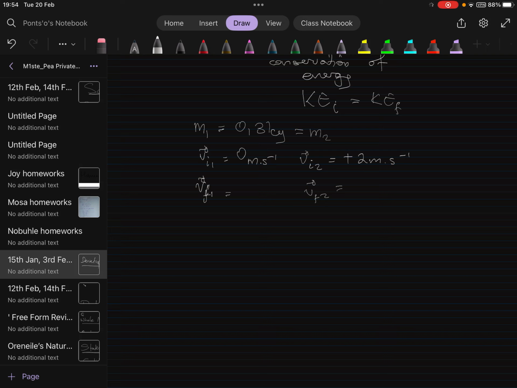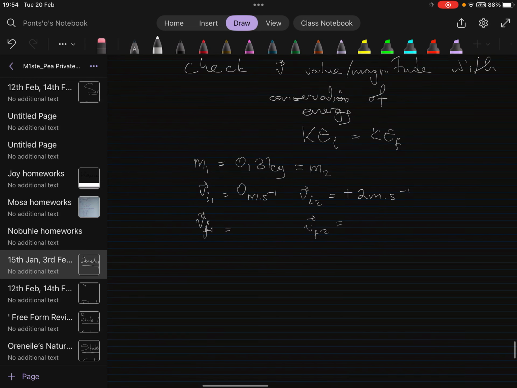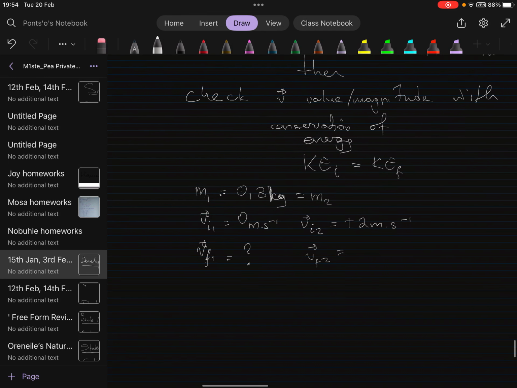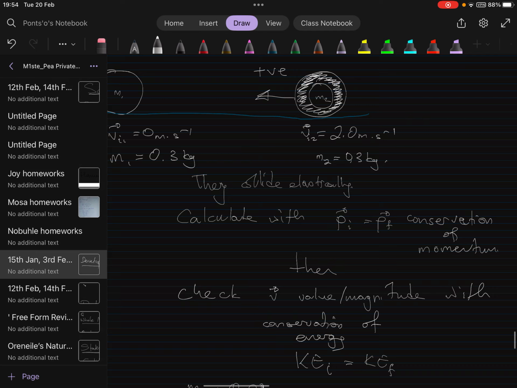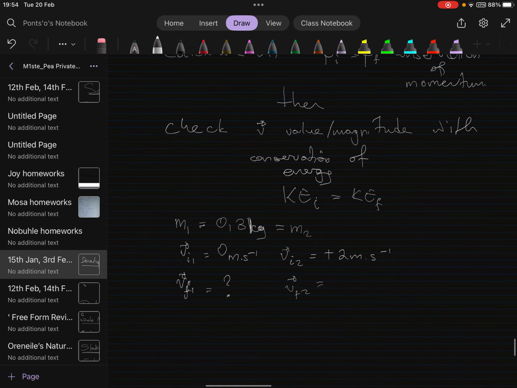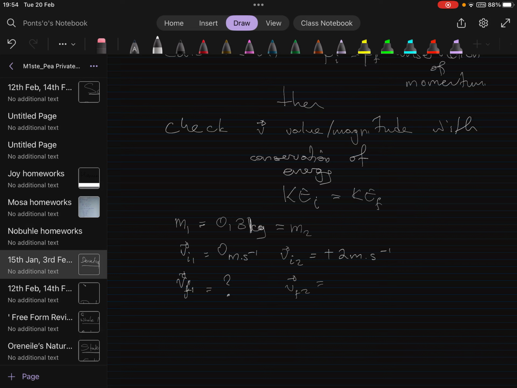All right, and then what's the final velocity of ball 1? The final velocity is not 0. Remember, it's the one we have to find. But then earlier on you said that after collision, ball 1 is stationary and ball 2 continues in an unknown direction.